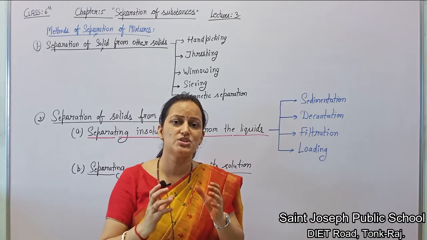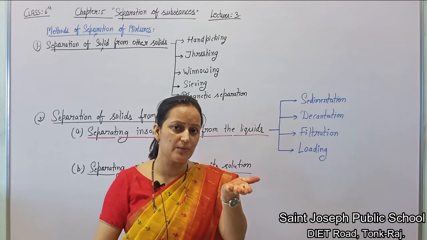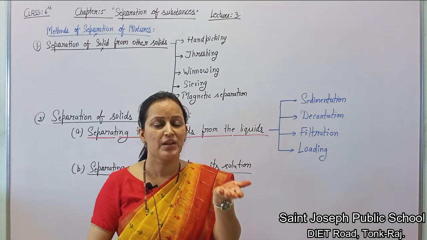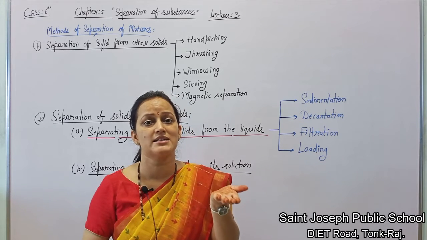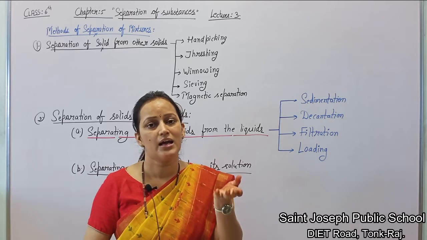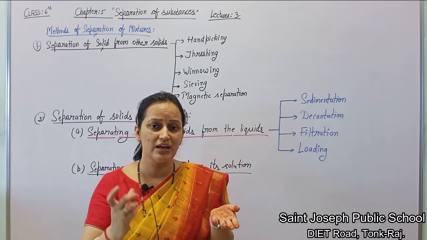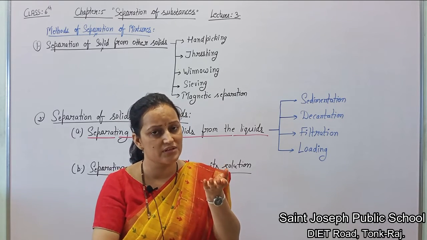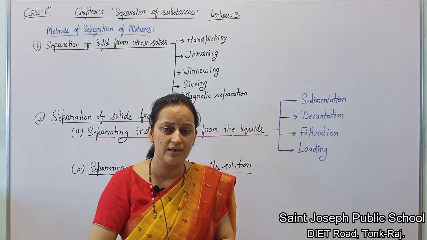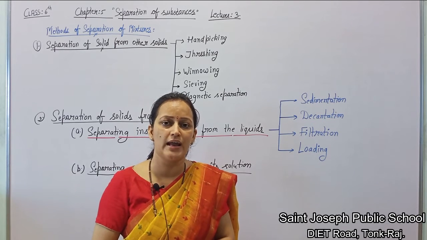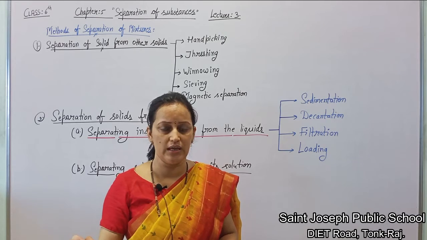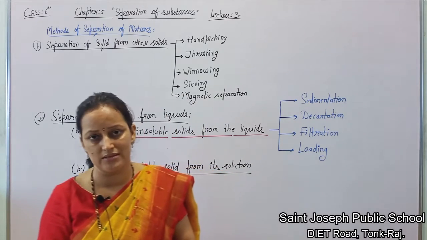The impurities which remain over the filter paper are called residue. उन्हें हम क्या कहेंगे? Residue. And the clear water which comes down after the filtration, जो नीचे clear water collect हुआ था, that is called filtrate. Okay, and this is all about the filtration method.